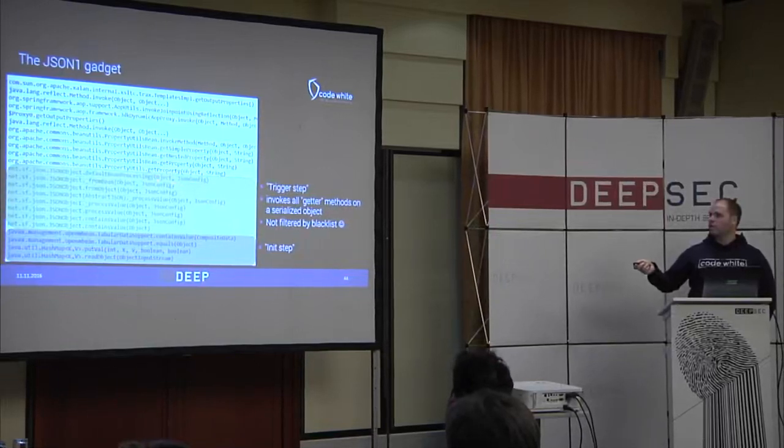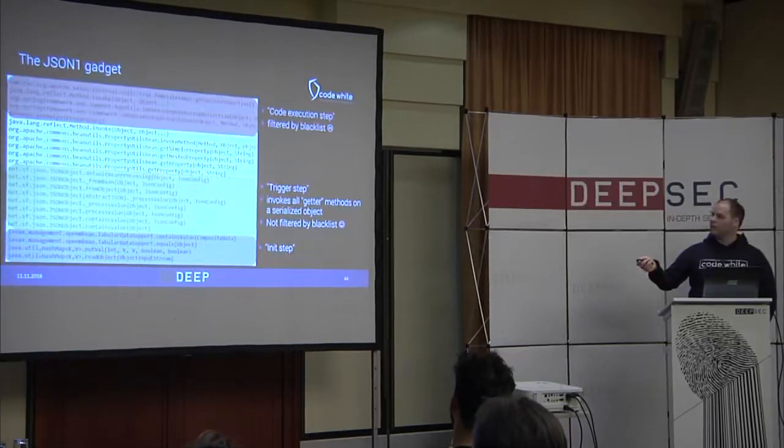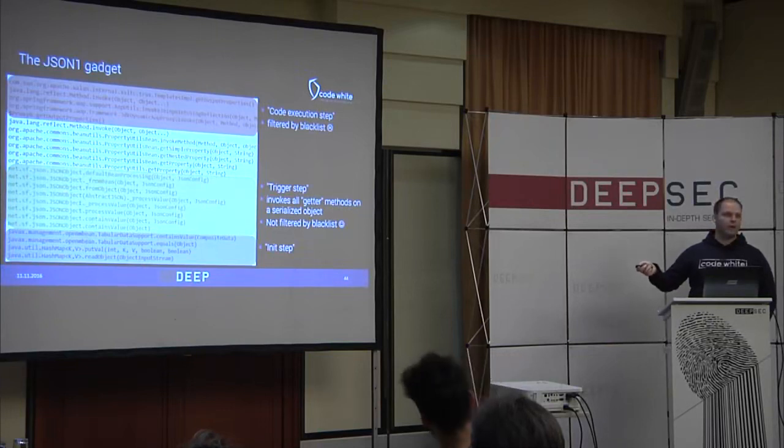And what will happen here is that all getter methods of that object will be invoked using the Java beans convention. So all getters, all is methods for boolean. And as you may see in the very end, a method called getOutputProperties is invoked, which will trigger the TemplatesImpl. So with this thing here, you can invoke any get method on a serialized object.